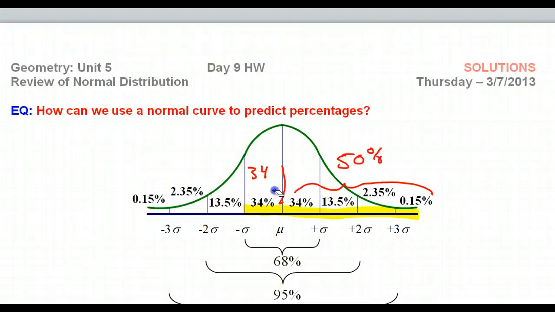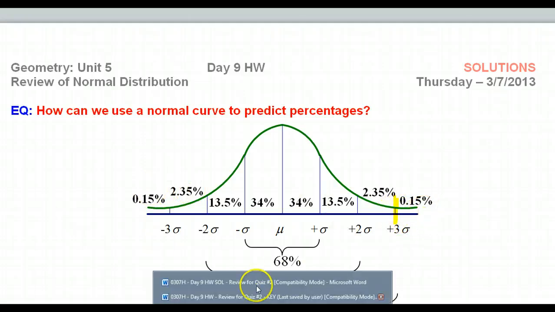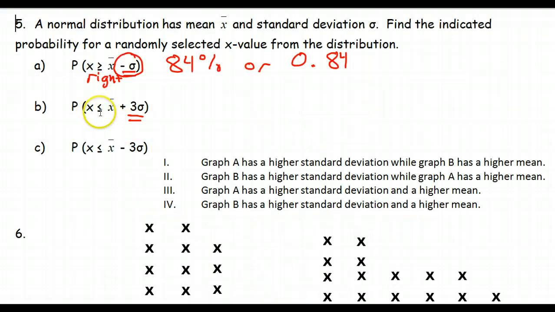Okay, let me start this over. Positive 3 standard deviations are right here. Now it's just a matter of, are we going to do to the left of this, or will we do to the right of this? Now this says, what's the probability that x is less than or equal to 3 standard deviations over?